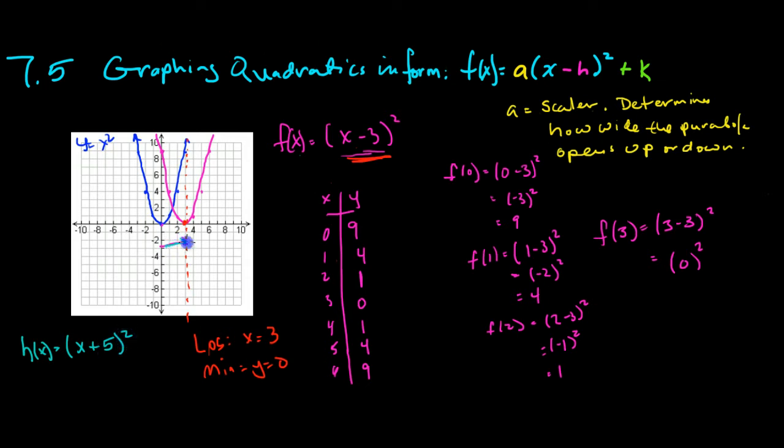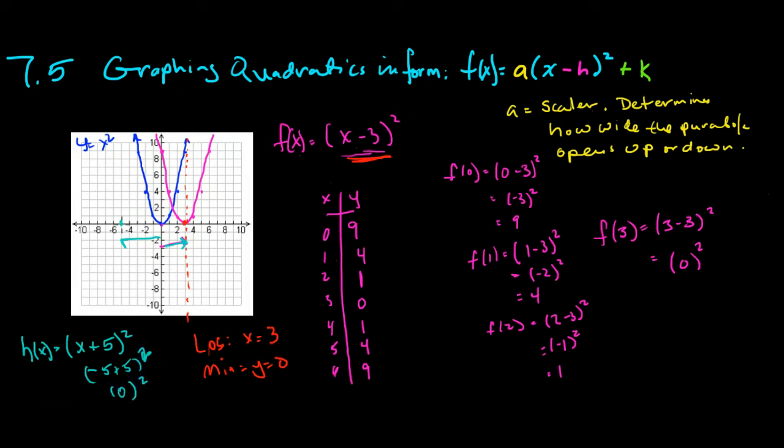Since we're shifting in the opposite direction of the number in the parentheses, with x plus 5 quantity squared, we're going to shift to the left, the negative direction. Negative 5 plus 5 is going to be our new 0 squared point.